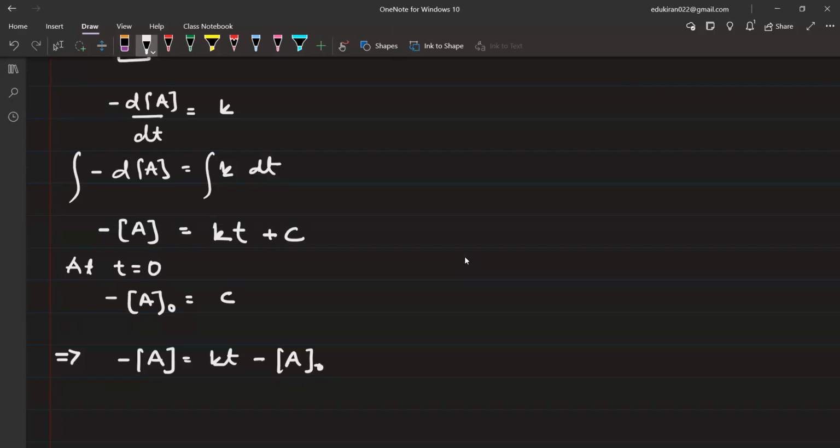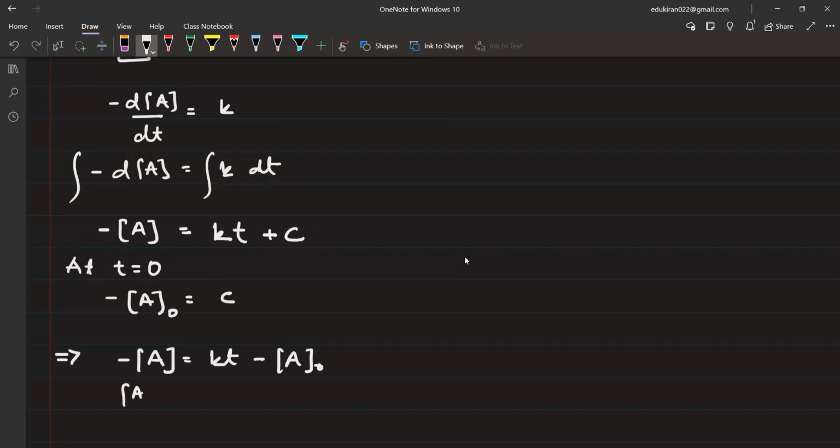Okay, A naught. Pay a little attention to why we are writing this minus A naught. That is the concentration of A at time 0. What is minus A naught? Concentration of A at time 0. So minus A naught will go there.